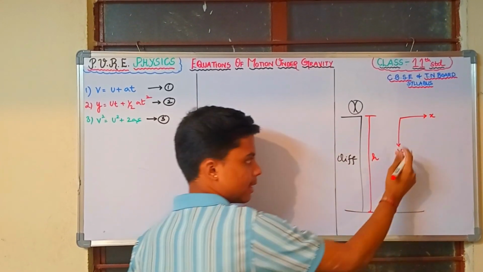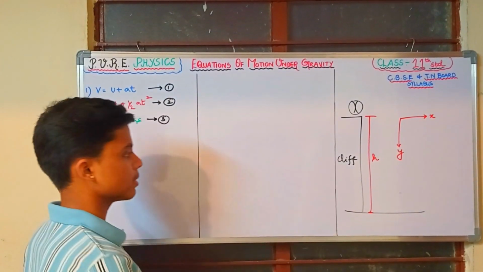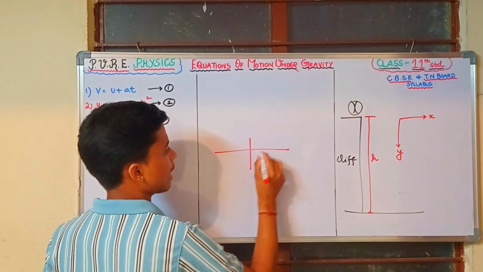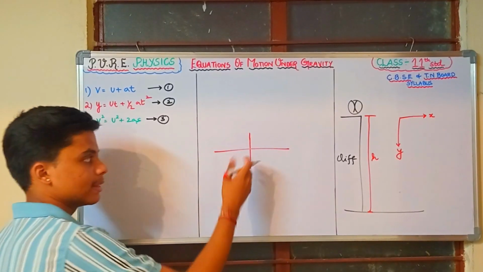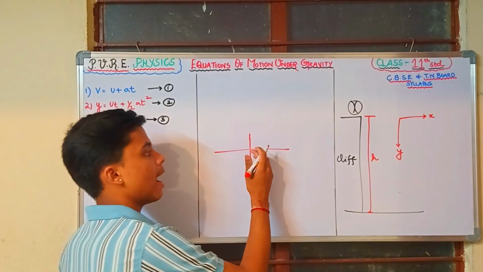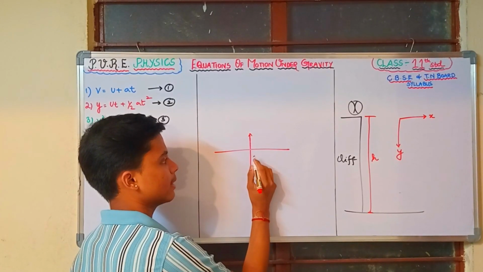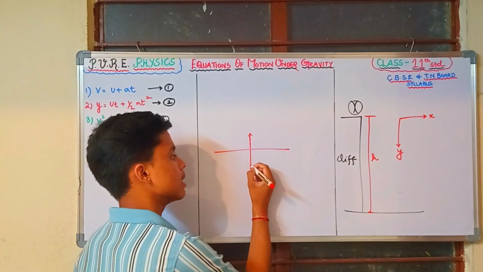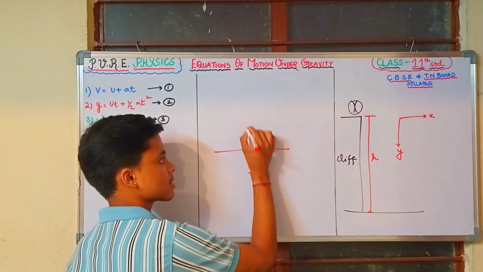Why am I taking the downward direction as the positive y axis? Generally, in a graph, the axis that goes above 0 is called the positive y axis, and the axis that goes below the origin vertically is called the negative y axis.